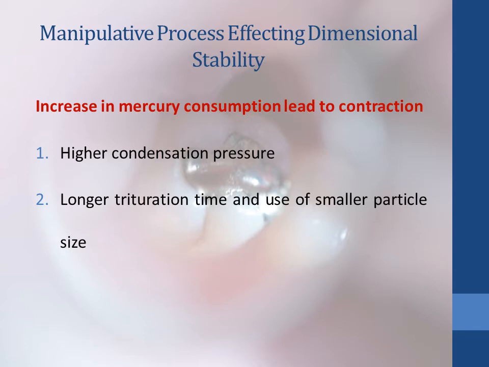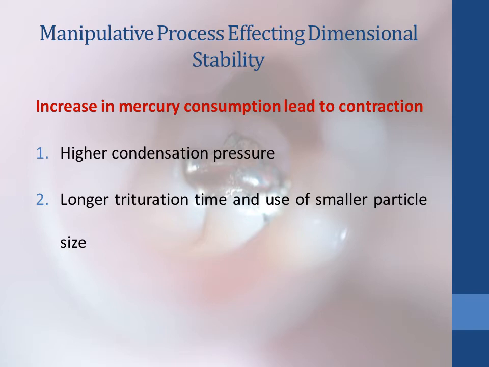So what are the manipulative processes that affect the dimensional stability? Increase in mercury can lead to contraction. And how can that result if you use high condensation pressure? If you condense the amalgam alloy with high pressure, the mercury will leach out, and hence lead to contraction.